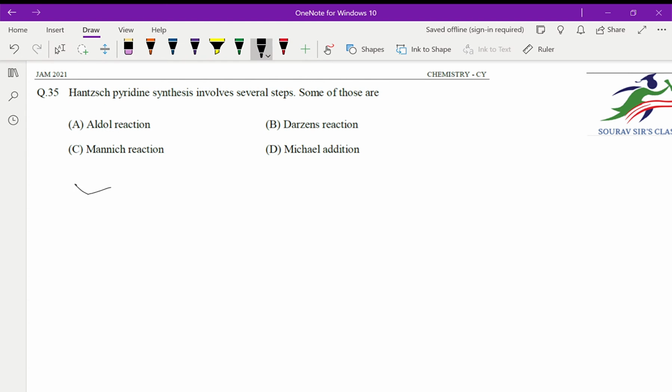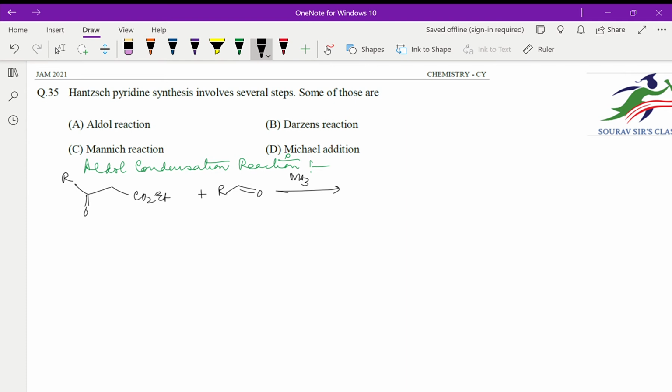So out here, first of all, we will take a beta ketoester, which is something like that. That will undergo reaction with the aldehyde in presence of the base ammonia. All right. So this is basically a condensation reaction taking place. So we will call it an aldol condensation reaction out here in the first step.